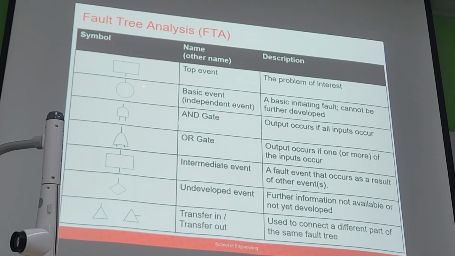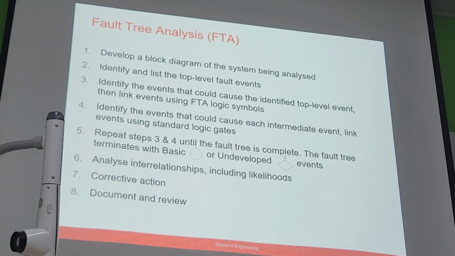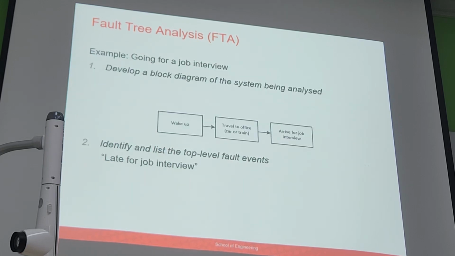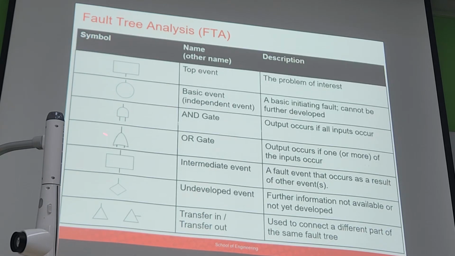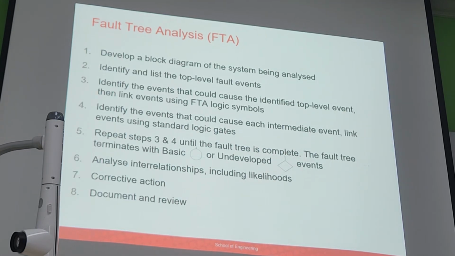It means using this as the top level. Identify events that could cause the identified top level event, then link events using FTA logic symbols. It means you have to show the event, okay? And then the event may be this, and this. I give you the example, you understand?